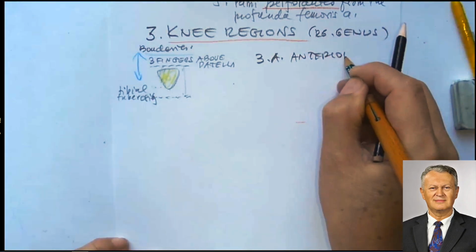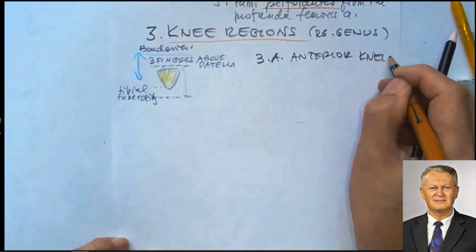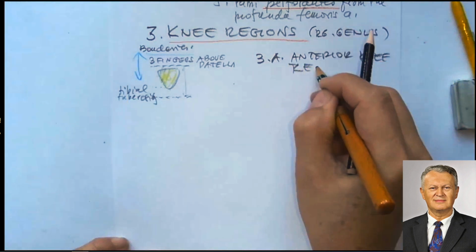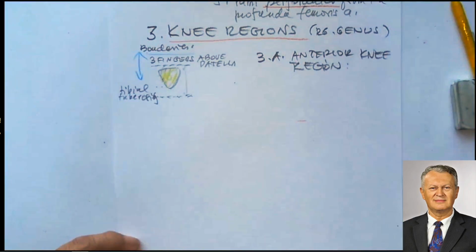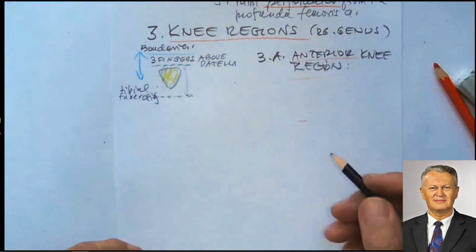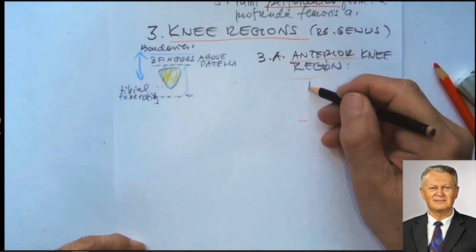Anterior knee region. And this anterior knee region could be drawn incompletely.